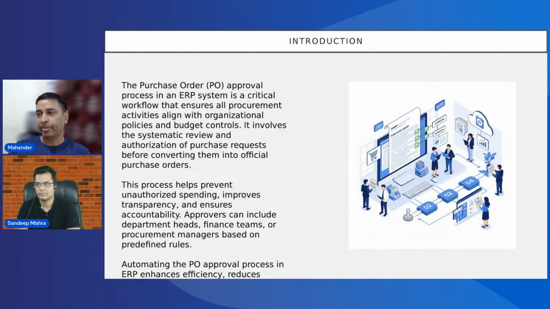Let's first understand what a purchase order is. Every company, every organization, every firm, whether it's a small firm or a big firm, has its own budget for the year, or for a particular quarter. Based on that budget they buy new things.